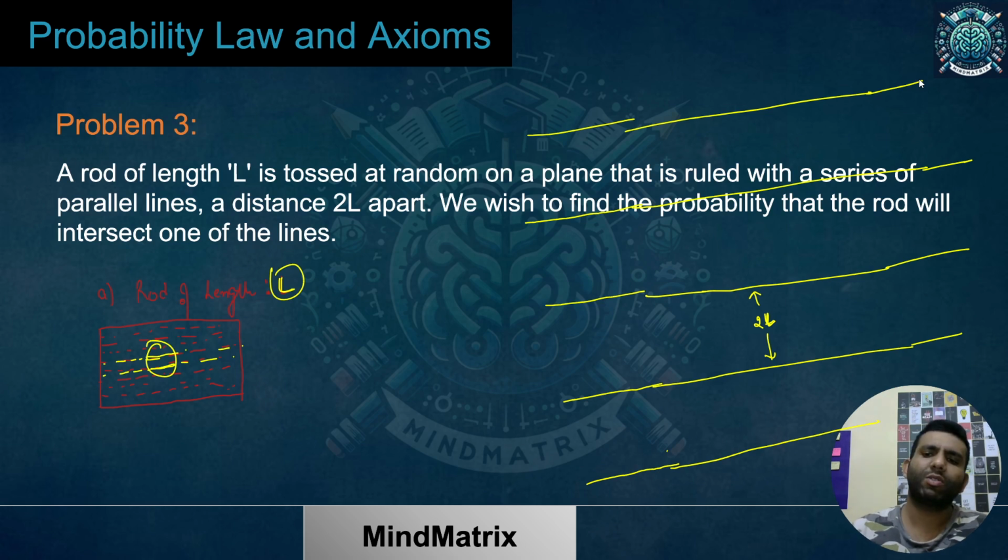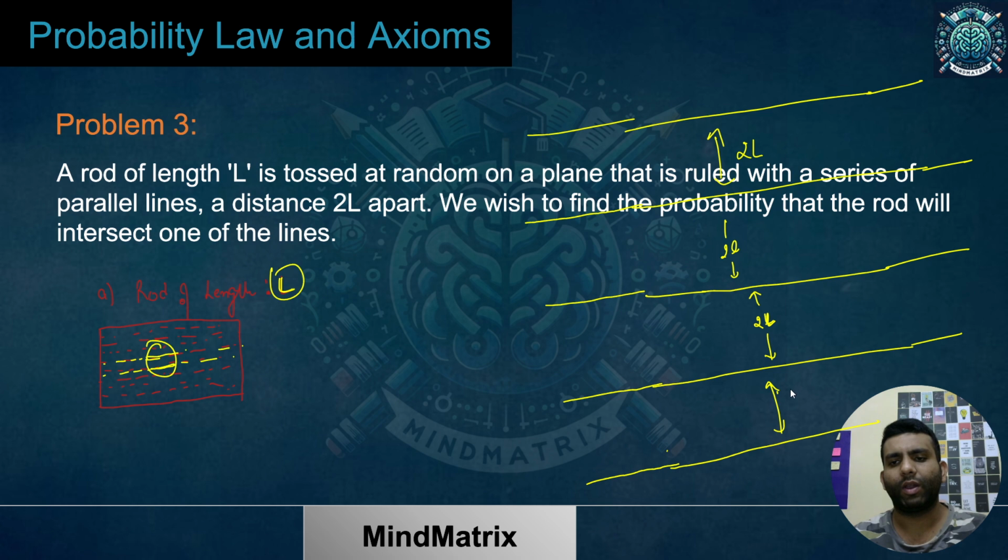Similar to that, we are having this, and it is said that the distance between these parallel lines is nothing but 2L. I hope the point is clear up to here, because next we will be considering what exactly the question is asking us.